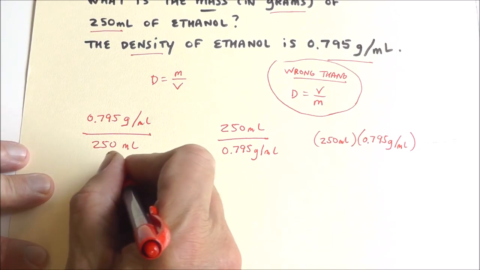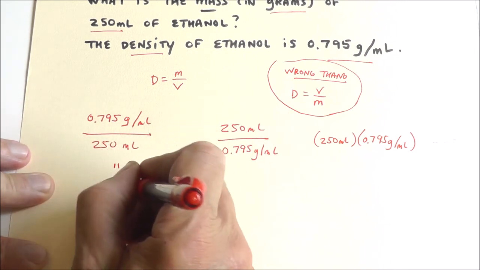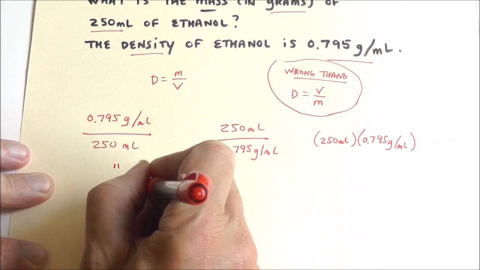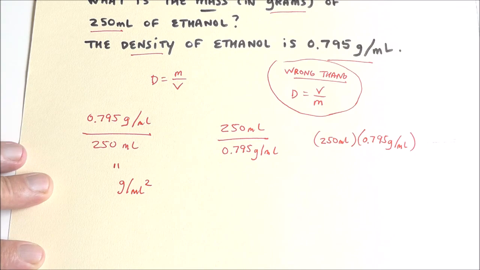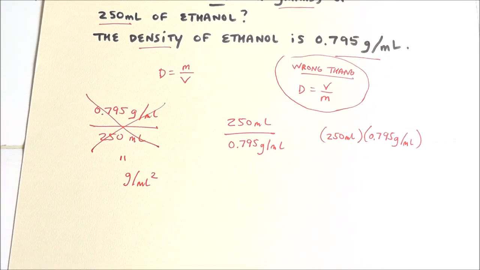So what would be the result here? This would be grams divided by milliliters divided by milliliters. This would have units of grams per milliliter squared. You know what? I ain't doing that one. That's the wrong thing to do. And you can kind of tell, after you get good at density, you say, hey, this is a little bit less dense than water, so it should be in the neighborhood of 250, not crazy different like that would have been.